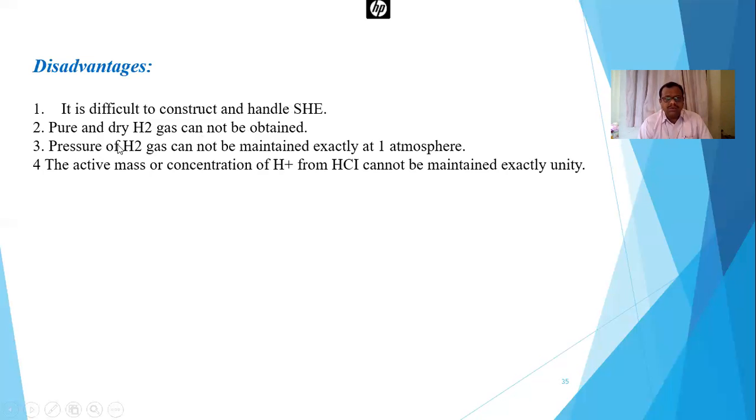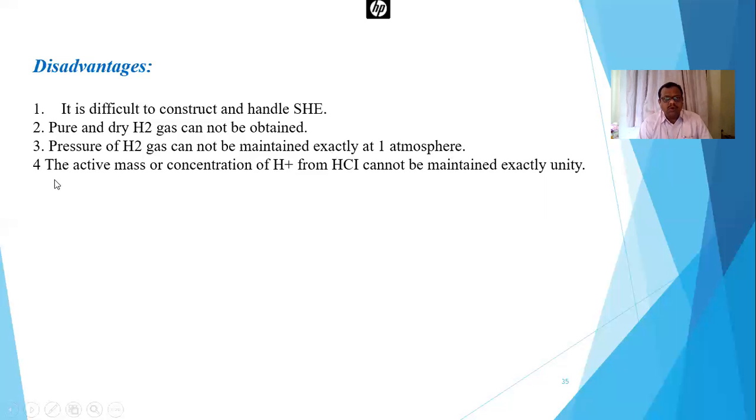Pure and dry hydrogen cannot be supplied continuously to this electrode. And the pressure of the hydrogen gas, which is to be 1 atmosphere, is difficult to maintain continuously during the working of the electrode.